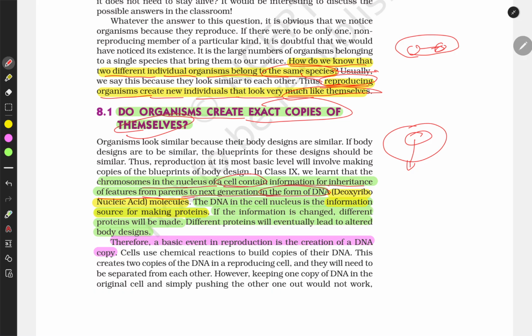The chromosome contains this molecule called deoxyribonucleic acid, and this molecule contains the information for inheritance. It codes for the RNA, and RNA codes for the protein.